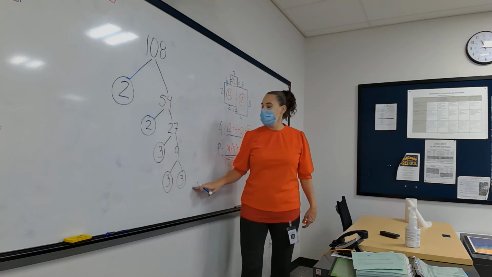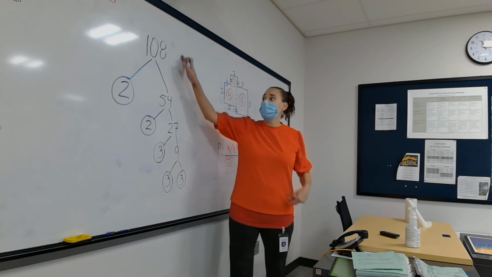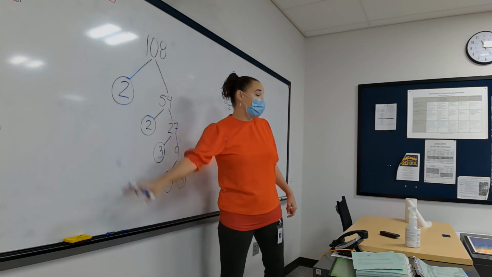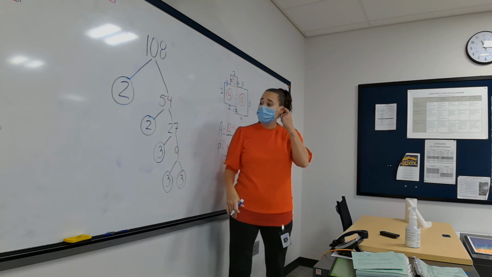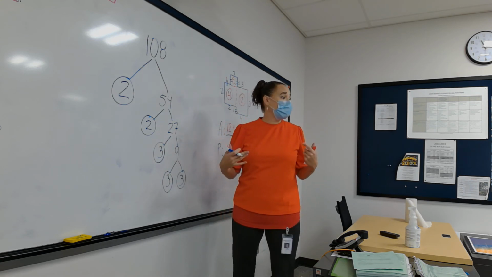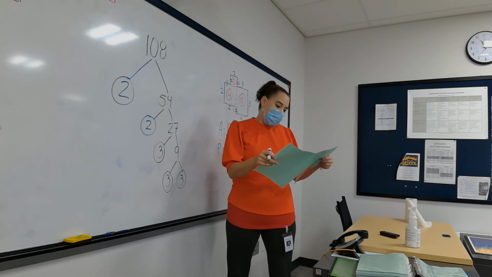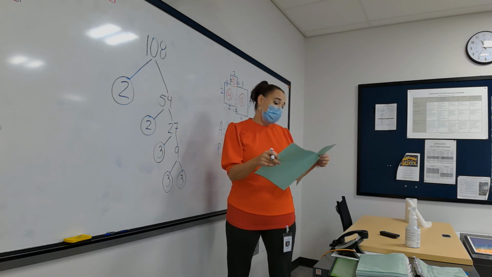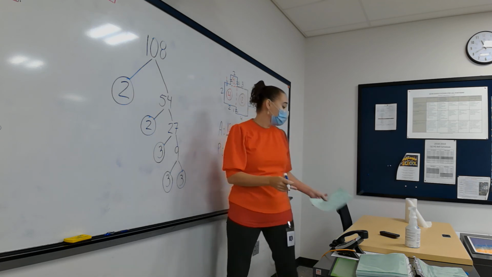Once you see you're left with just your prime numbers, you can now create your prime factorization. So again, on the test, you'll first be asked to create your factor tree, and then the second step will be your prime factorization. So your factor tree is worth 6 points, and then creating the prime factorization is worth another 2 points.